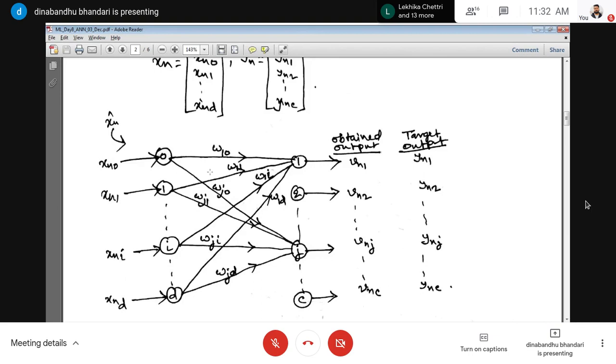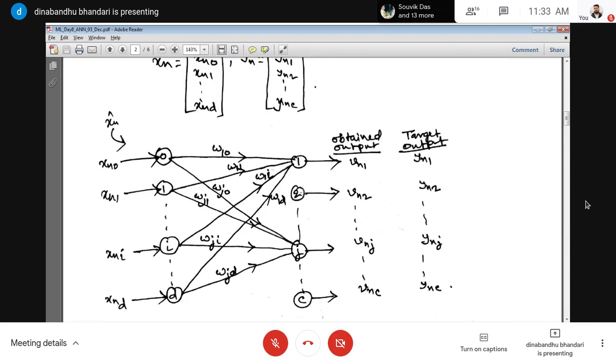Now this data has to go to the output layer, and each of these output nodes receives input from all the nodes in the input layer. So the first node will receive input from the 0th input node, the first input node, the ith input node, and the dth input node.